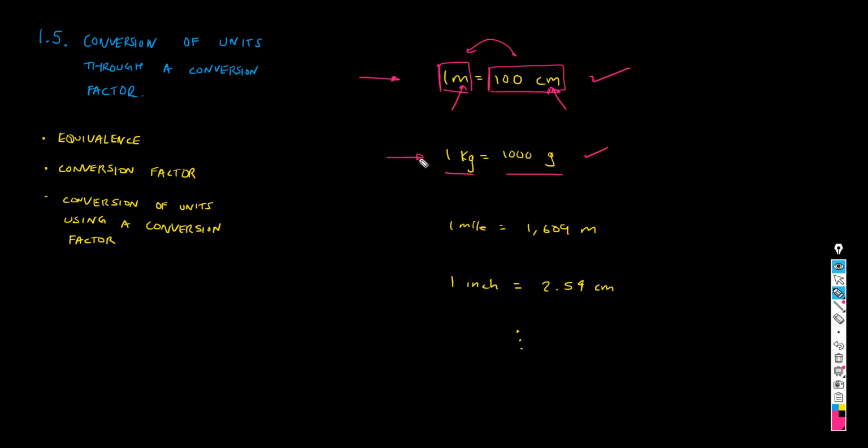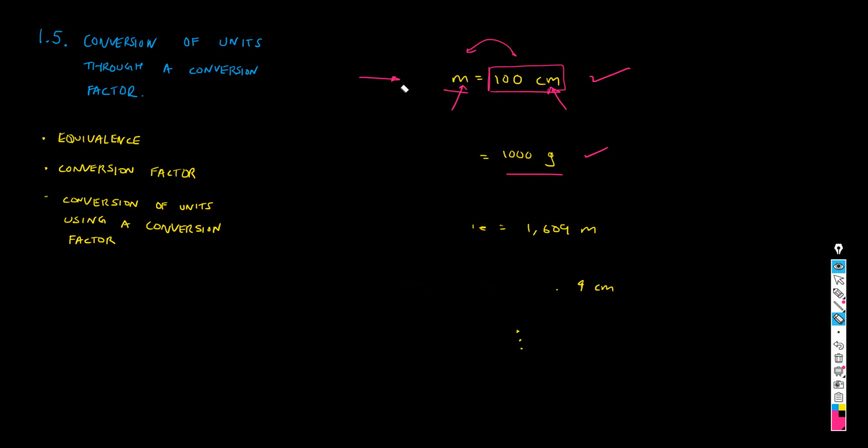The same as this and a few others. But for example, this one and this one, which relate to English system units, these ones are harder to memorize and you don't have to. You will always be provided these kinds of equivalences during exams, etc. So you don't have to worry about those.